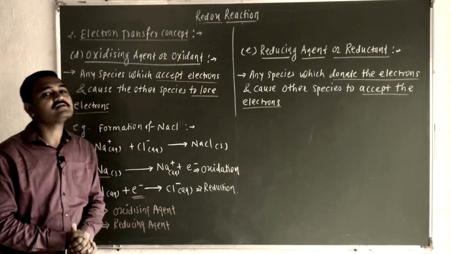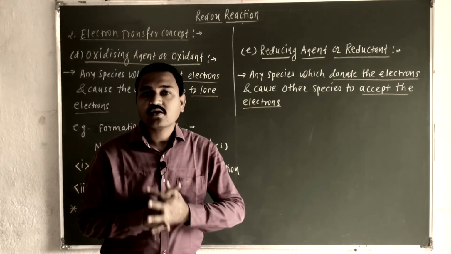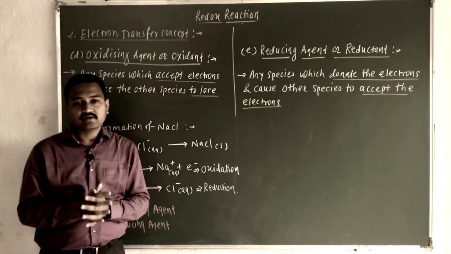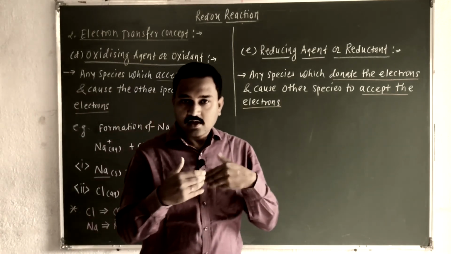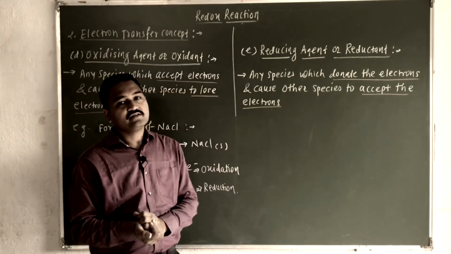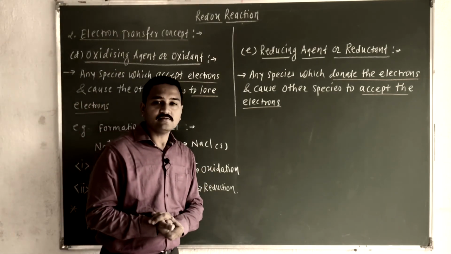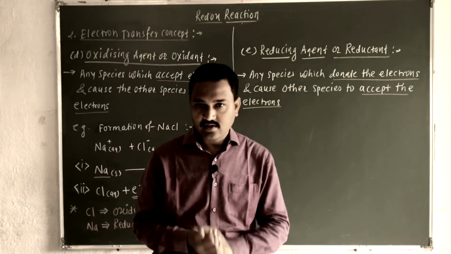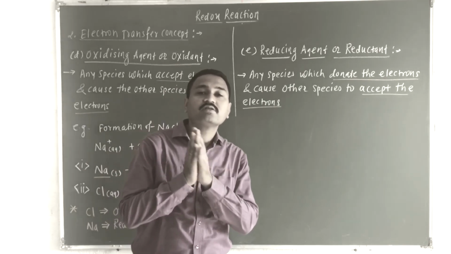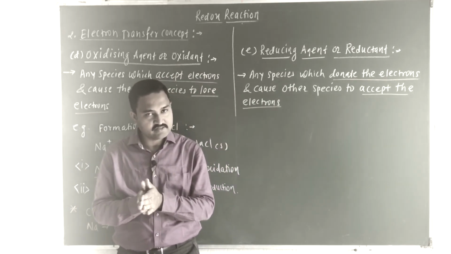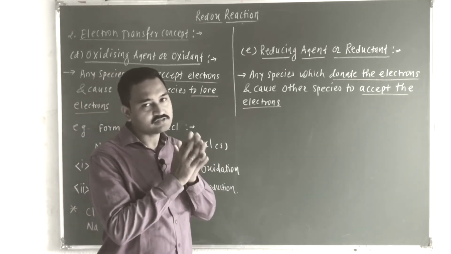Now let us revise this concept. In the electron transfer concept, we know that the base of this particular concept depends upon the loss and the gain of electrons. Then we have defined oxidation as a loss of electron. Reduction is defined as a gain of electron. Then we have defined that the loss and the gain of electron take place simultaneously within the same reaction, and that reaction is called a redox reaction.